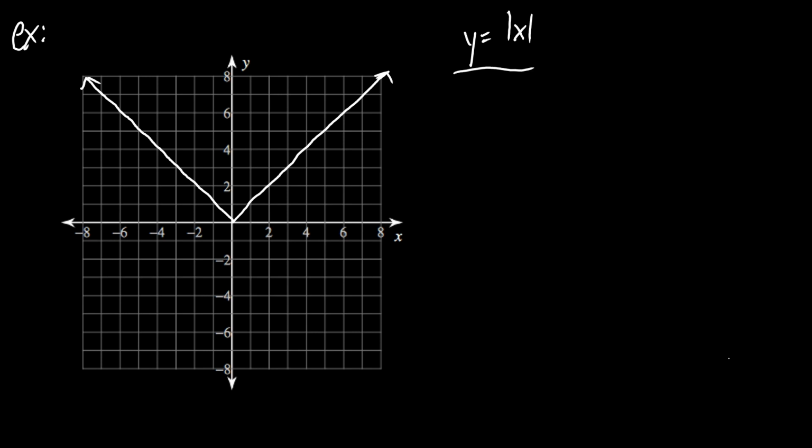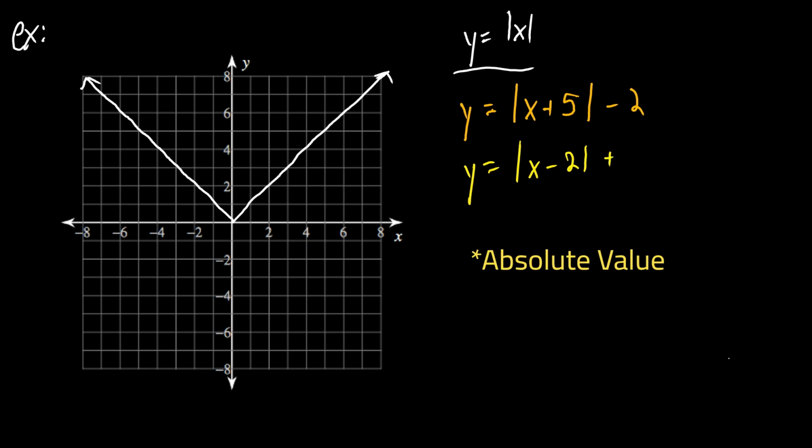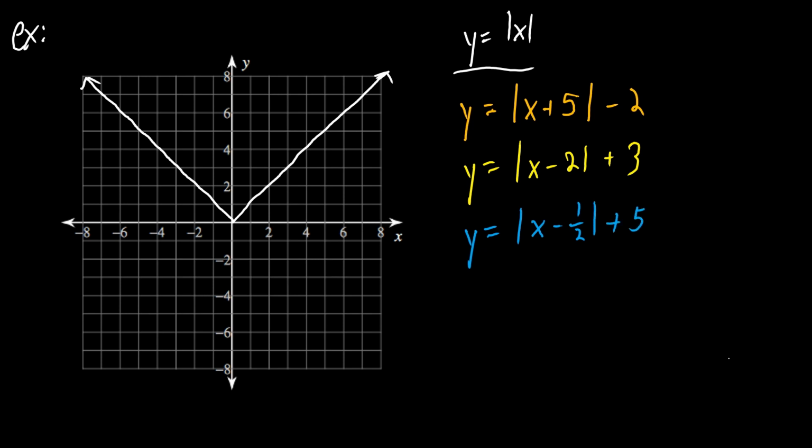So the first one, let's say absolute value of x plus 5, minus 2. Then square root of x minus 2, plus 3. And last one, x minus 1/2, plus 5.